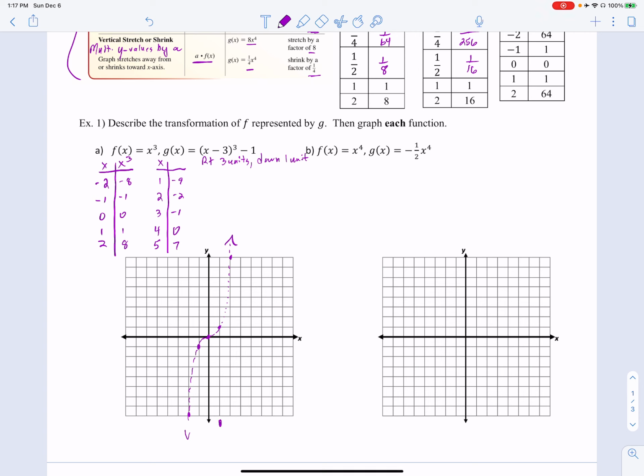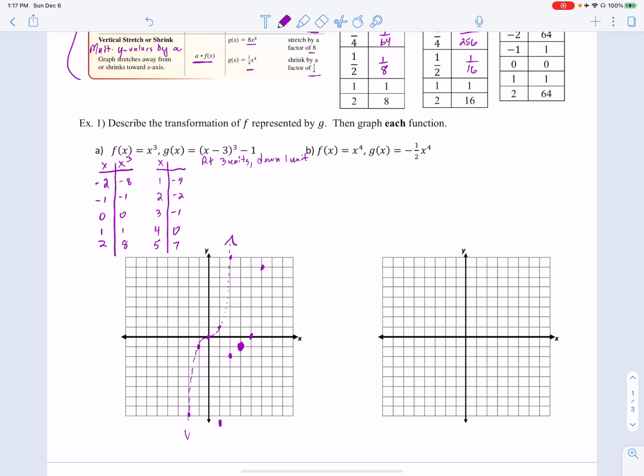So you end up, that -2, -8 goes to 1, -9. And the -1, -1 moves right 3 and down 1. So it's at 2, -2. And then we end up at 3, -1, which was the origin, but now it's right 3 and down 1. So it's 3, -1. And then we have a 4, 0, and a 5, 7.